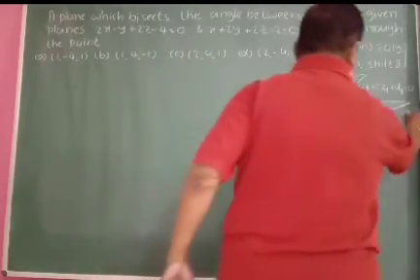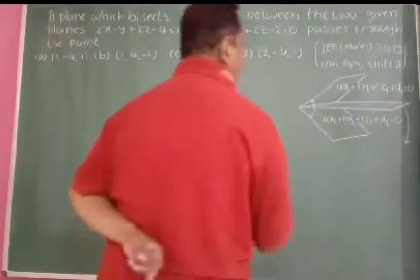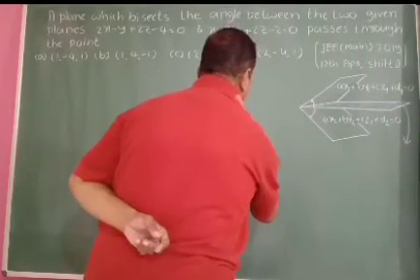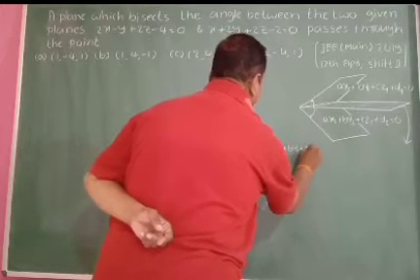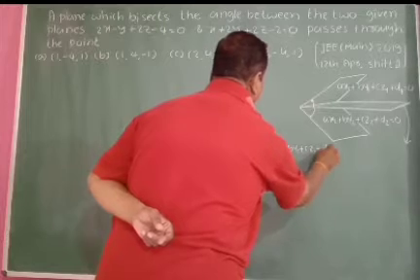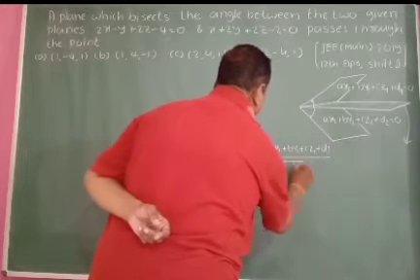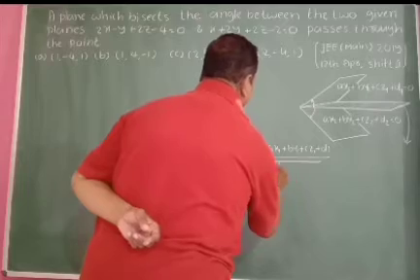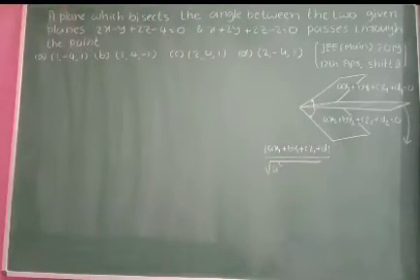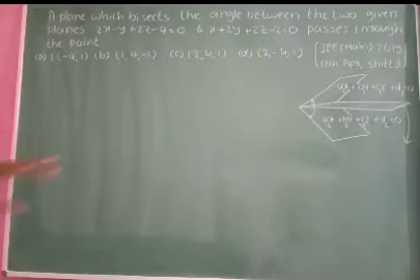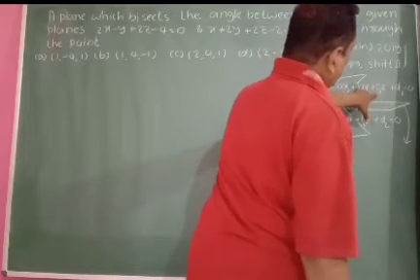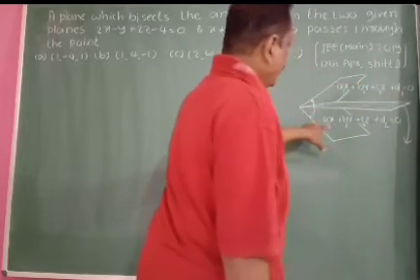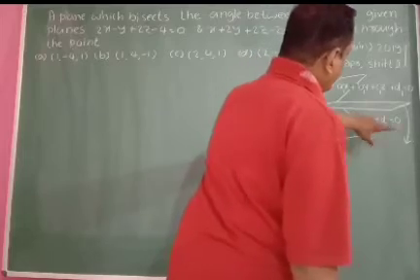Hence the equation of this plane is given by modulus of ax1 plus by1 plus cz1 plus d divided by root of a square plus b square plus c square. Here the equations of the planes are taken as a1x plus b1y plus c1z plus d1 equal to 0 and a2x plus b2y plus c2z plus d2 equal to 0.